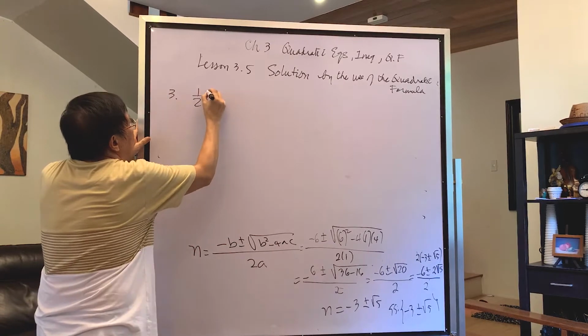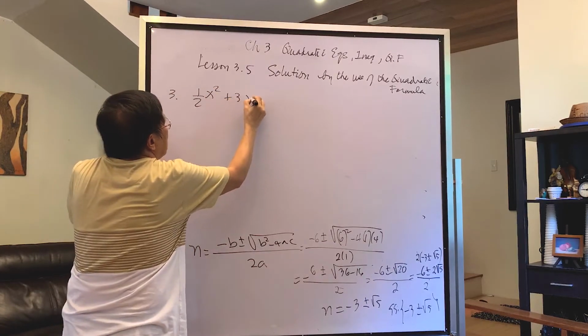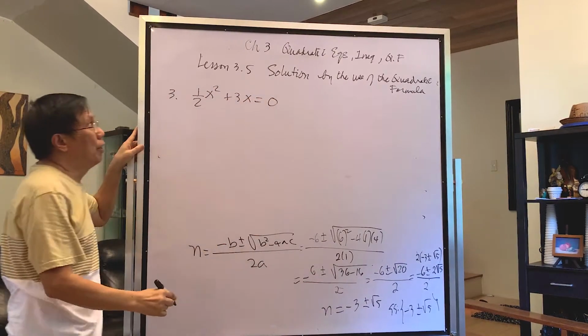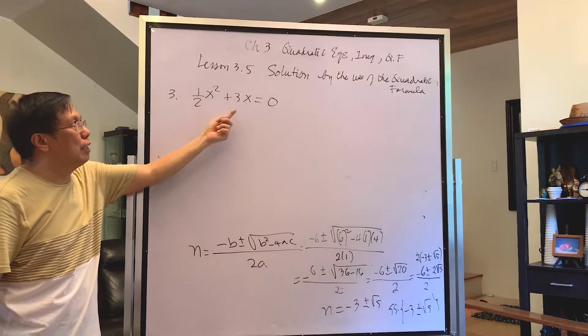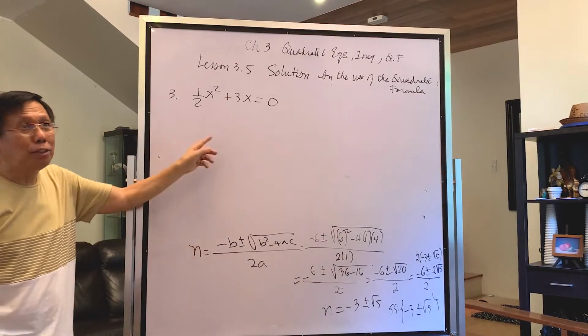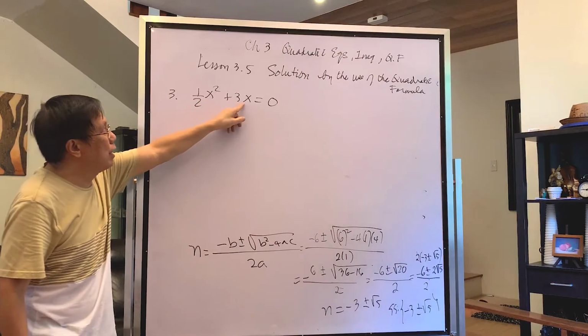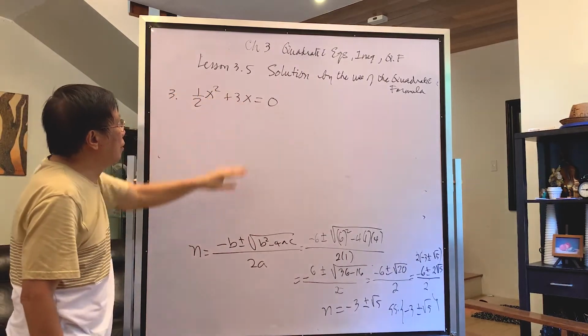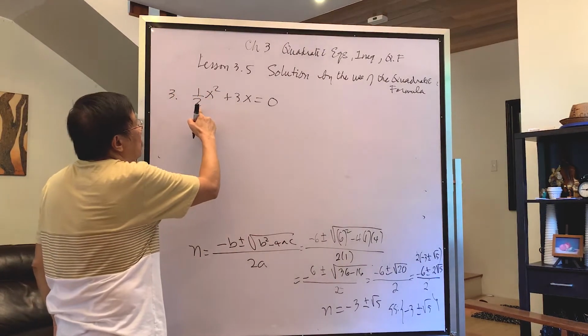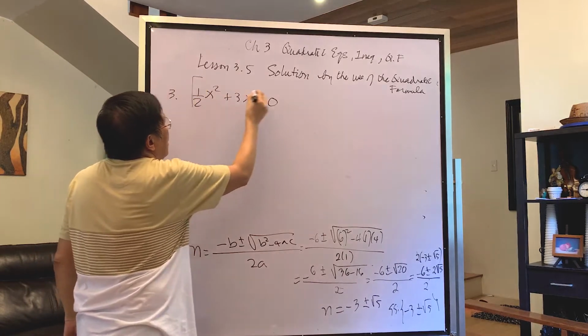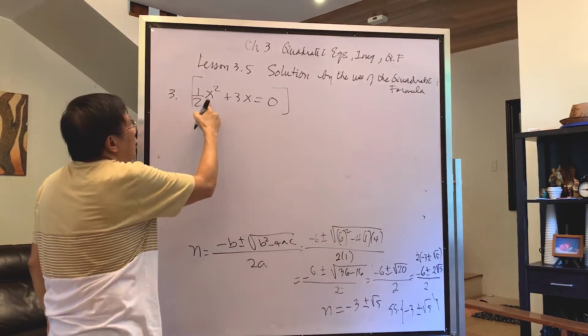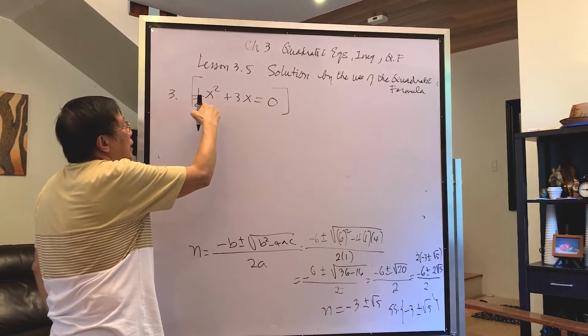Let's have another example. Suppose I have 1/2 x squared plus 3x equals 0. This one is in standard form also, but I would like to work with coefficients that are whole numbers or integers. So I want to rewrite this equation such that I will not have a fractional coefficient.